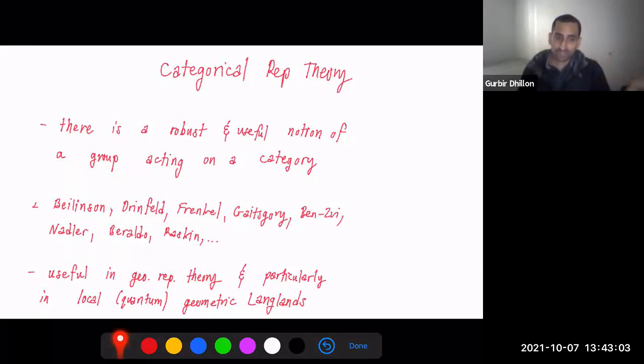Some names are Beilinson and Drinfeld, then Frenkel and Gaitsgory, and later contributions by Ben-Zvi and Nadler, and then Dario Beraldo and Sam Raskin, and the list goes on. Some context for what part of the world this comes from: it came out of geometric representation theory, and it plays a big role in the modern formulation of local geometric Langlands or local quantum geometric Langlands.